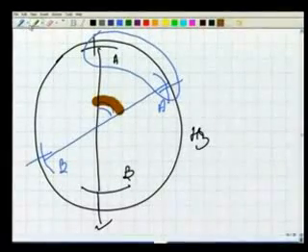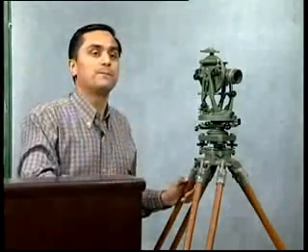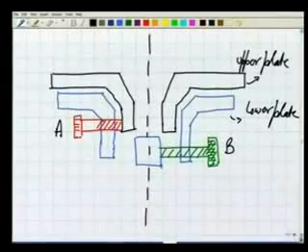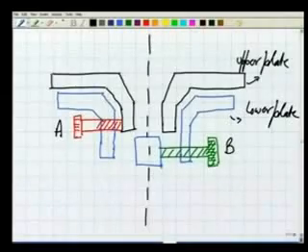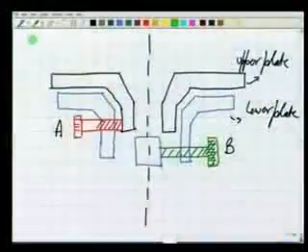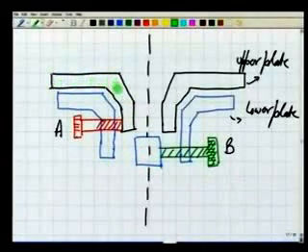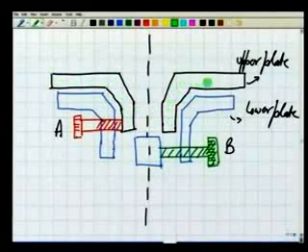Well, regarding the construction of this, to show the construction, I will draw a diagram. Okay, here is a diagram, and in this diagram I am trying to show you how the instrument is constructed. Because here in the instrument, as we can see in the diagram, we have first this edge and this is the upper plate.